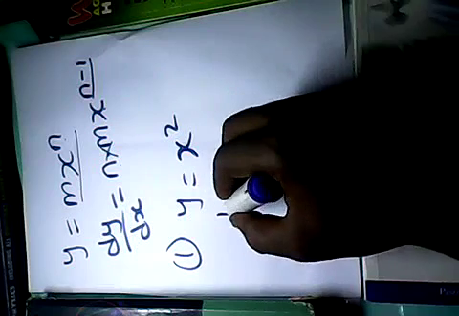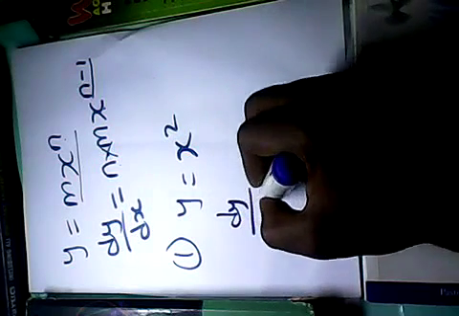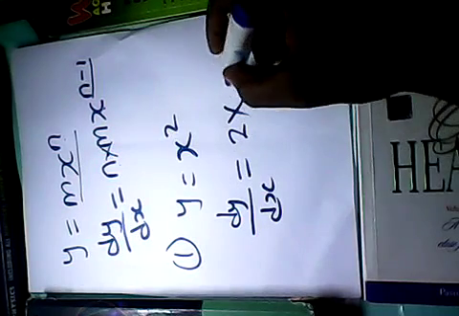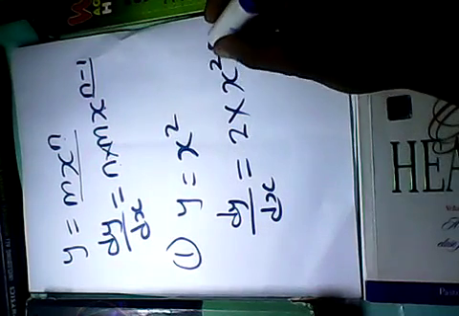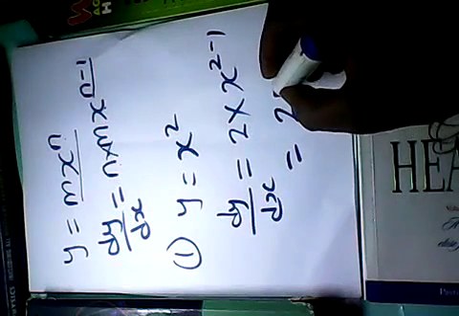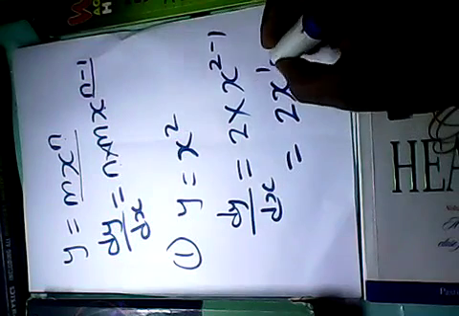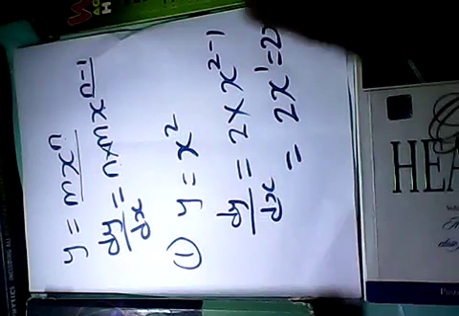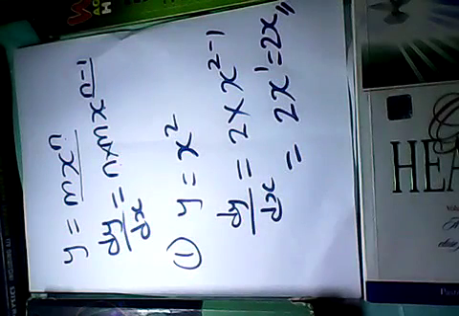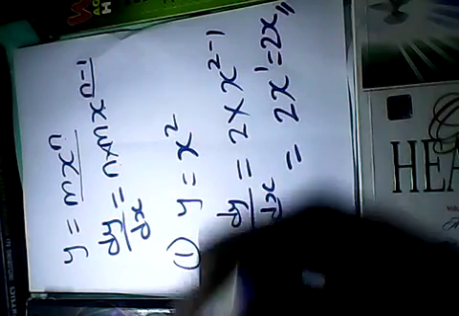So dy/dx will simply be equal to the power, which is 2, times the function itself raised to power 2 minus 1. And that gives us 2x raised to power 1, which is 2x. So at any time when we have x squared, the derivative is going to be equal to 2x. We simply applied the formula to solve that.